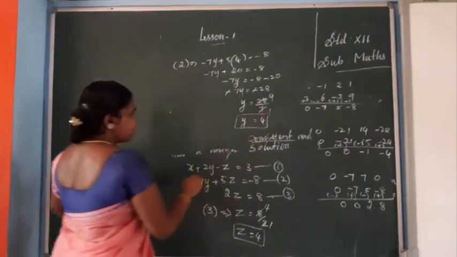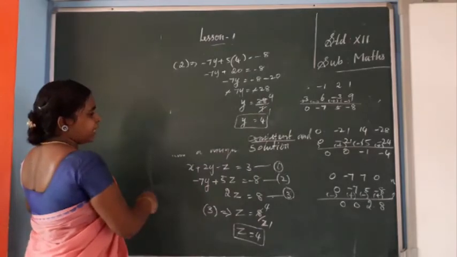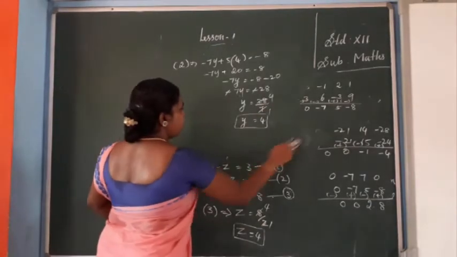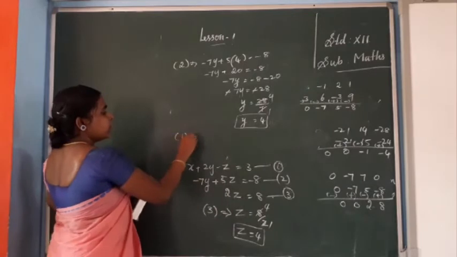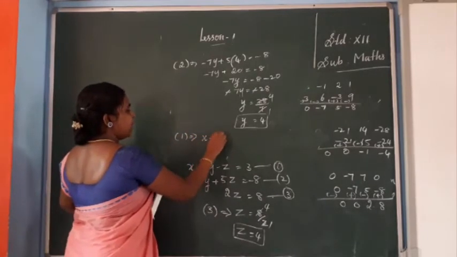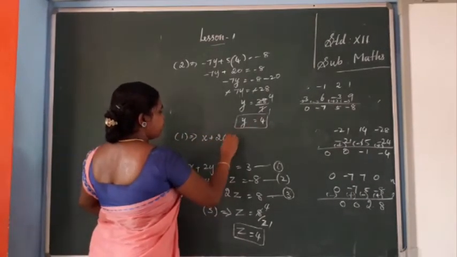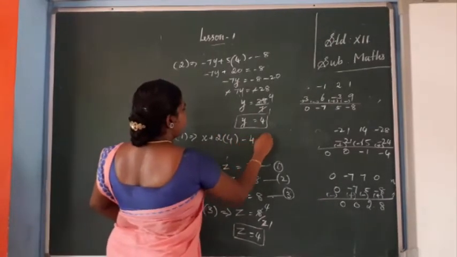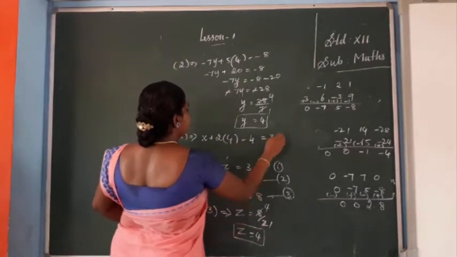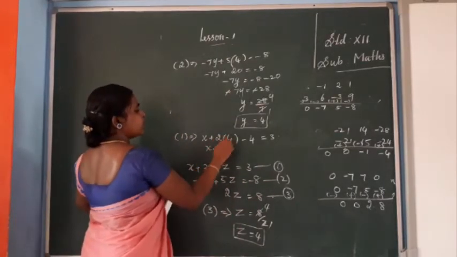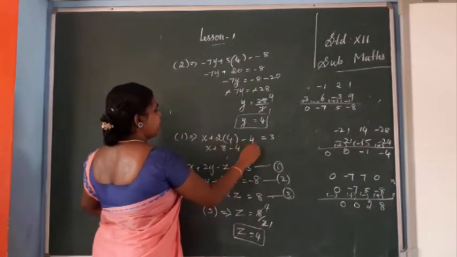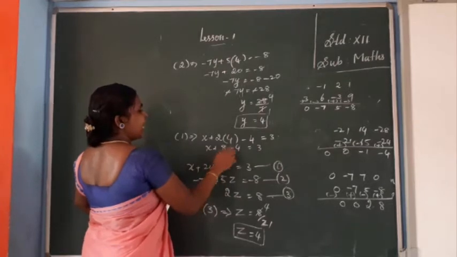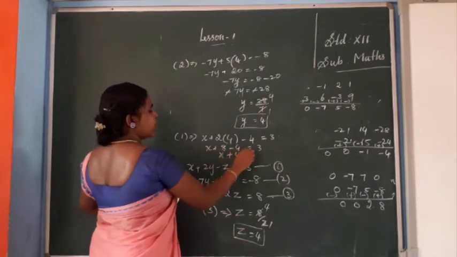So again you have to substitute z and y in equation 1. So 1 implies x plus 2 into y, y value is 4, minus z value is 4, equal to 3. Then x plus 2 fours are 8 minus 4 equal to 3. Now 8 minus 4 is 4, so x plus 4 equal to 3.